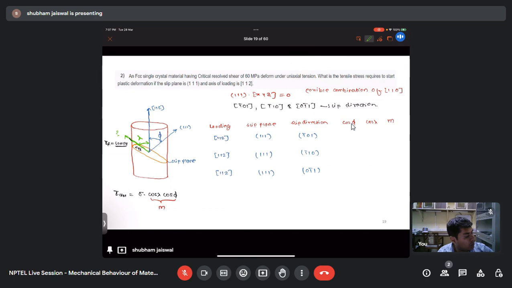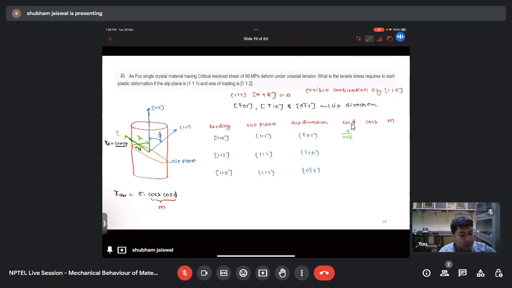So cos phi comes out to be 112 dot 111 divided by both magnitudes, so it comes out to be 4 divided by 3 root 2.